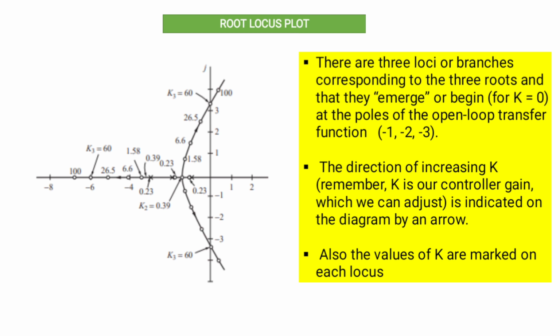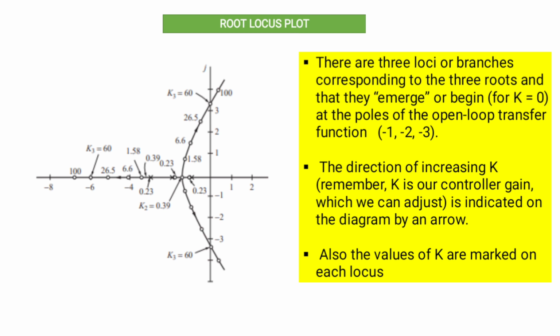The direction of increasing k is indicated by the arrows in the diagram. Here we have the roots minus 1.28 minus j0.75, minus 1.28 plus j0.75, minus 0.95 minus j1.5, minus 0.95 plus j1.5, minus 0.45 minus j2.5, and minus 0.45 plus j2.5.